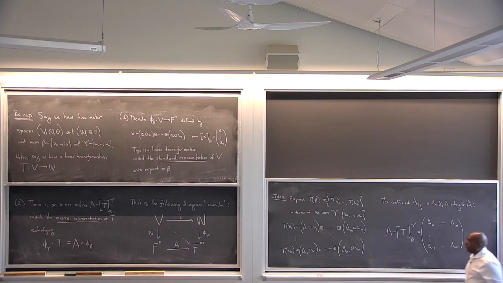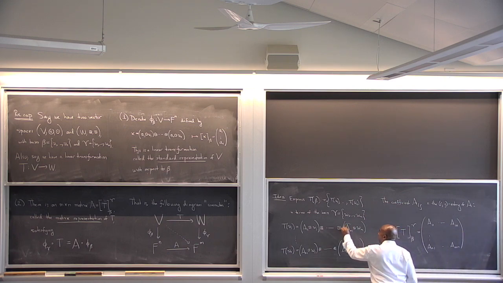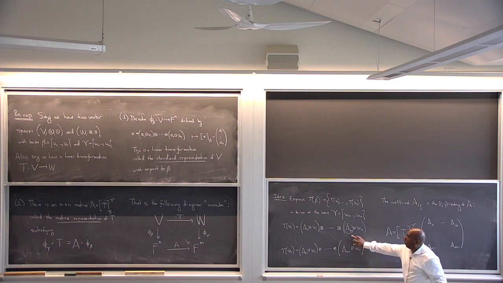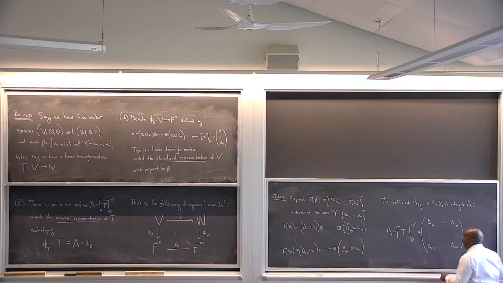Now I should point out that the notation here is a little bit weird. This entry here, according to v1, actually becomes this entry here that's in the lower left-hand corner. It's just a matter of how the notation works.